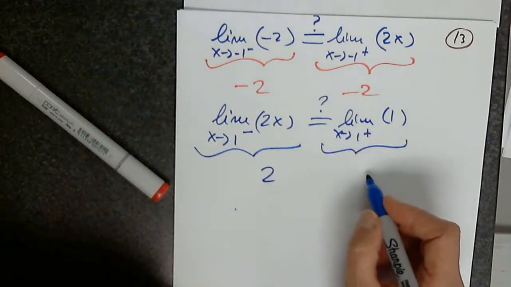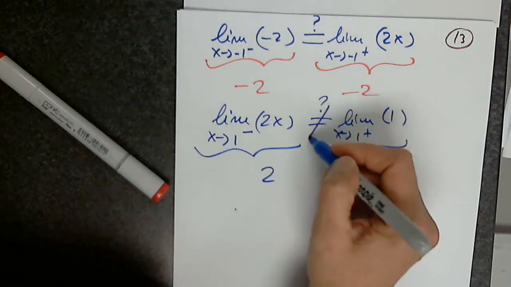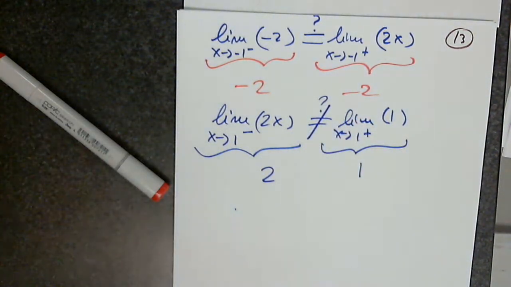Very good. What does this equal? They're not the same. So what do we conclude? Right. So the function, although it's continuous everywhere, is differentiable at negative 1, but it's not differentiable at 1.